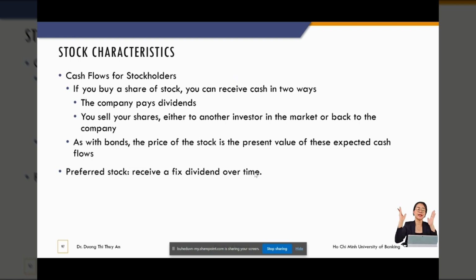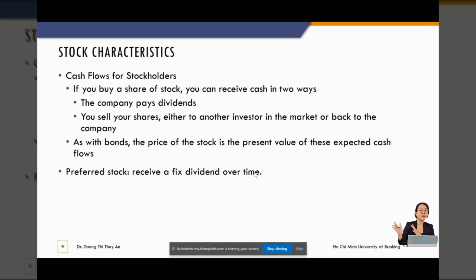So we call this one a capital gain. Yeah, capital gains. And maybe during the period you hold the stock, you receive dividends from the company. Yeah, and what else? Nothing more, unless the company is liquidated, which we do not expect. Yeah, that's all we get. Capital gains and dividends.